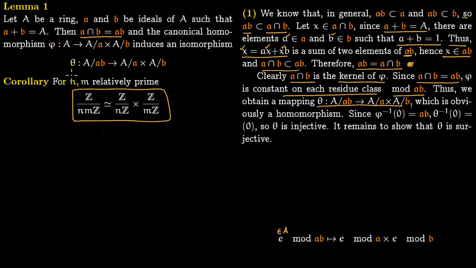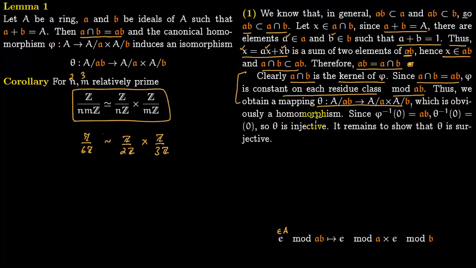Pick n as 2 and m as 3, and then you can see the natural map from Z over 6Z to Z over 2Z times Z over 3Z. So 2 and 3 are relatively prime. So this is our natural map, and now you can see this clearly. This is almost kind of trivial.